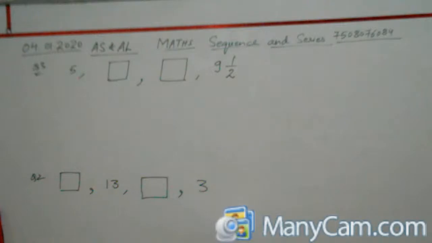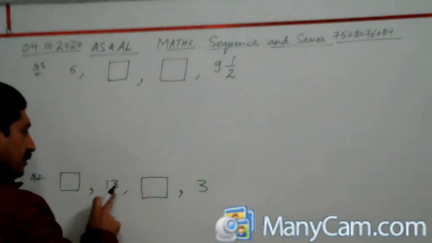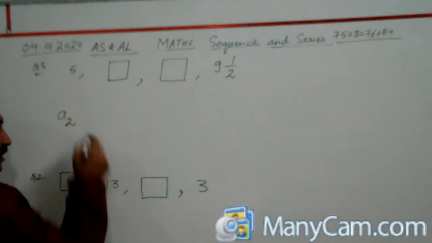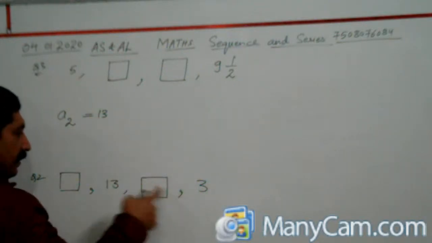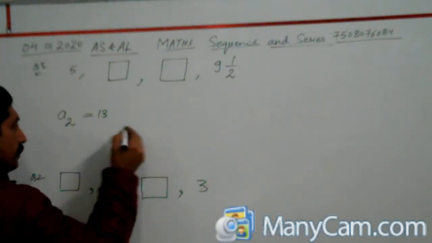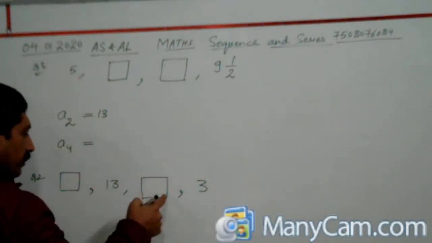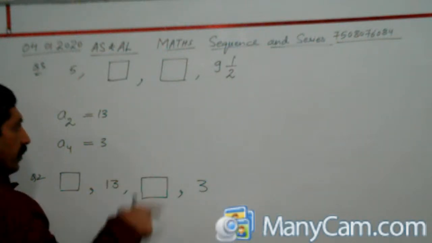Do it. So here in this one, the second term is given, a2 is 13, and a4 is 3.